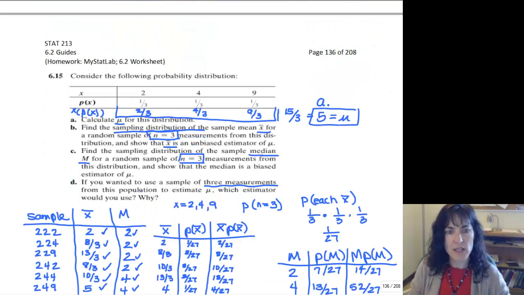D says, if you wanted to use a sample of 3 measurements, which we just calculated for, from this population to estimate mu, which estimator would you use and why?